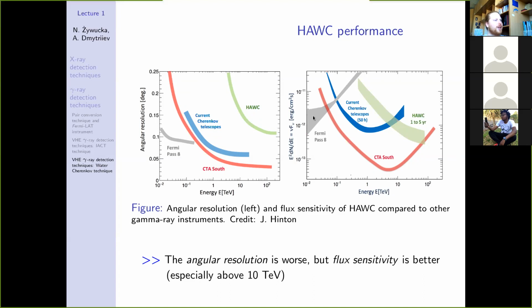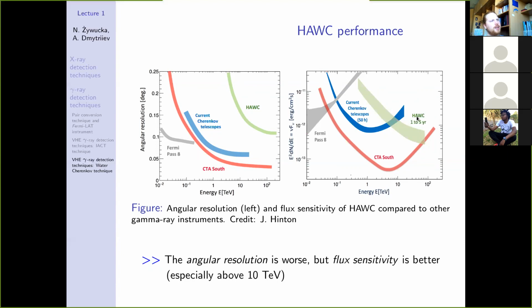Fermi is operating more or less in the range from 100 MeV to 1 TeV, maybe. If your source is bright, HAWC is somewhere in between. Below around 5 or 10 TeV, HAWC will be less sensitive, but not much less sensitive than Cherenkov telescopes.